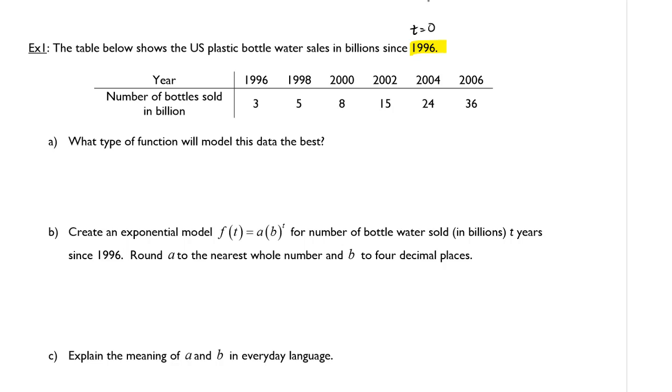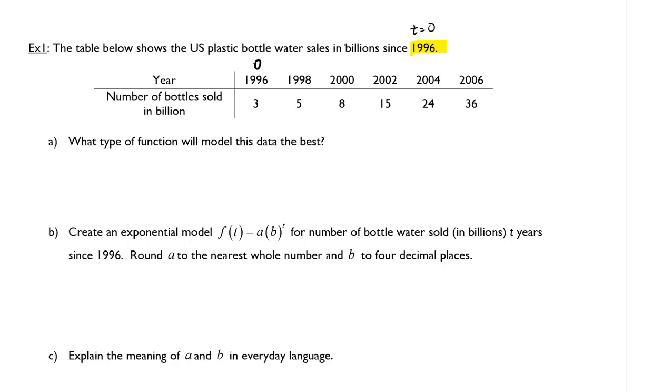This is for mathematical calculation purposes, because if you don't set it to 0, you're basically calculating from 0 until 1996. That would be weird. So we're starting at time equals 0 in 1996.